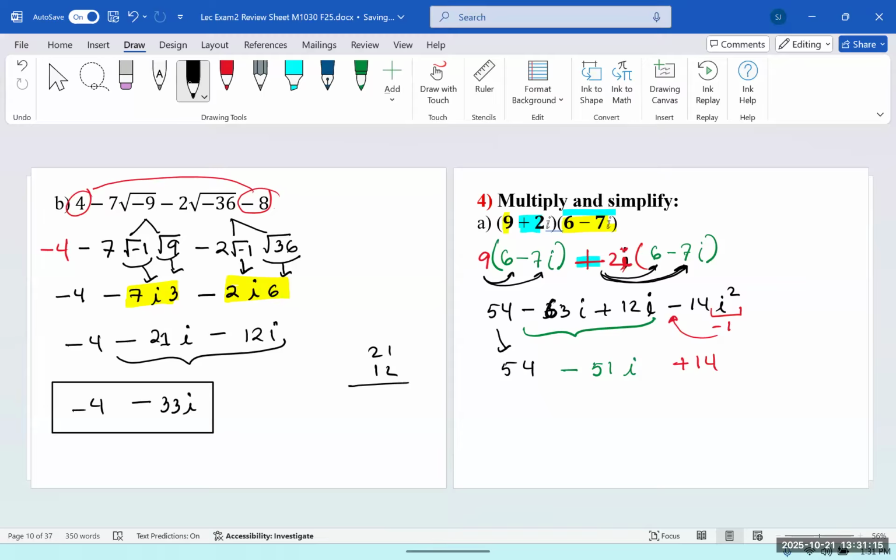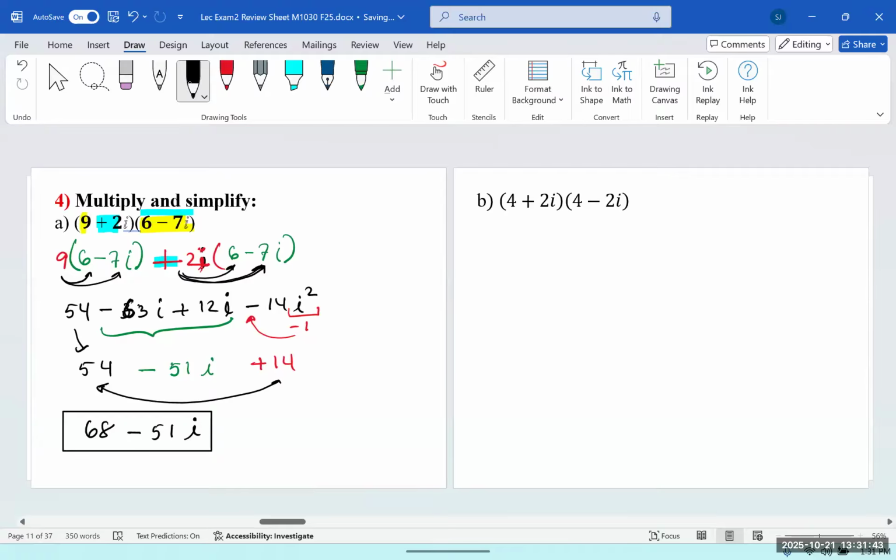Finally, these two are like terms, so when you combine, 68 minus 51i. Do you remember doing all this in the class?